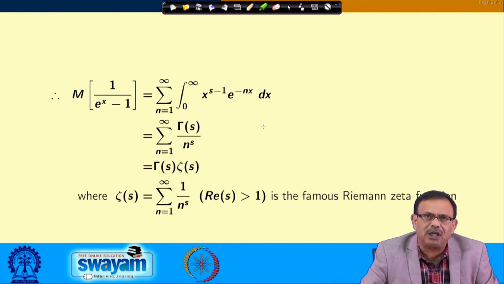This equals gamma s into zeta s, where zeta s equals the sum n equals 1 to infinity 1 by n to the power s, and the real part of s is greater than 1, because as we have told, s is a complex number. So, this zeta function zeta s is nothing but the famous Riemann zeta function.